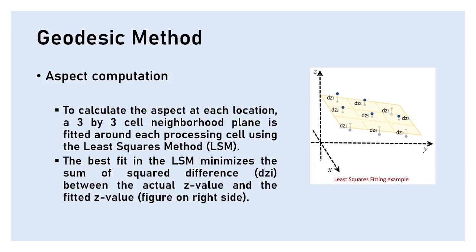The best fit in the least squares method minimizes the sum of the square difference between the actual z value and the fitted z value. So here that difference is being shown, dz, which is the difference between the actual value and the fitted value.